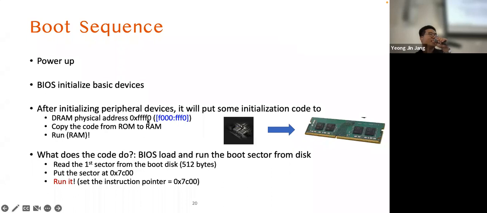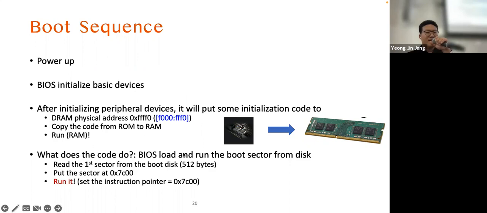I'm not sure why they picked this address, it's somewhat of a matching number, but it is within the 1 megabyte region. So they put the code from the BIOS into RAM at this address, and then make the CPU run on that code address.